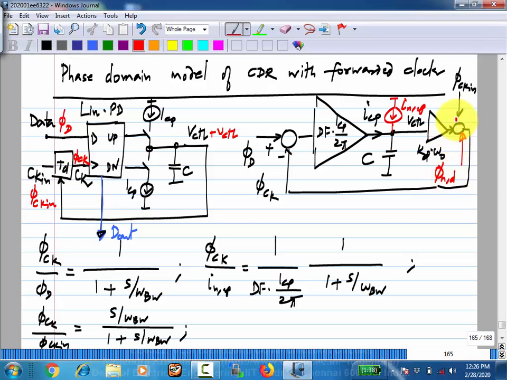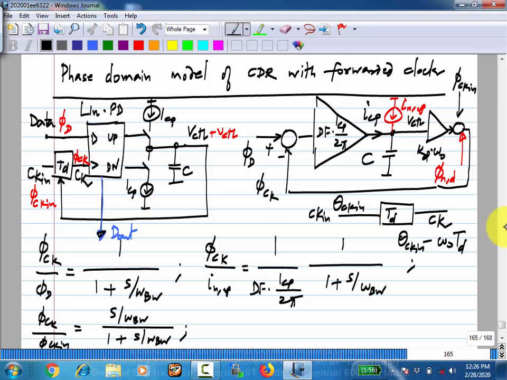What this means is that you model the delay line like this. You have the input signal and there is a certain delay and you have the output. So this means that if the phase of the input clock is some theta ckn, the phase of the output clock should be theta ckn minus omega naught td.